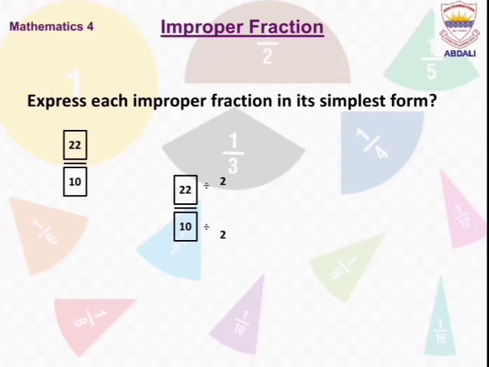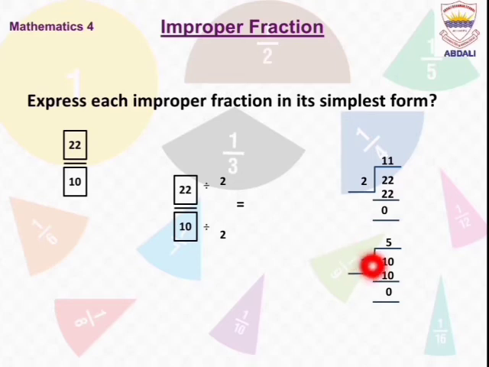22 and 10 are divided in the table of 2. 2 11s are 22. When we subtract 22 from 22, we get 0 remainder, and 11 is the quotient. Now students, let's divide 10 by 2. 2 5s are 10. We subtract 10 from 10, we get 0 remainder, and 5 is the quotient.